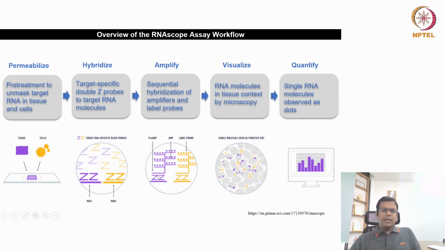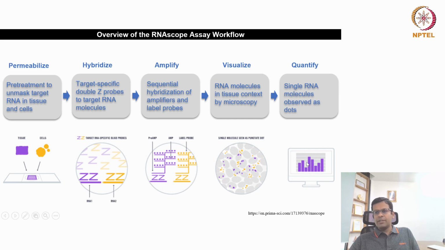Then the pre-amplifier, amplifier, and fluorescent dyes will bind to these double Z probes to give you the fluorescent signal. So eventually, in a slide, you can see the single molecules of mRNA, and each dot represents one mRNA molecule in a tissue or a cell sample. And then you can do the computational analysis.